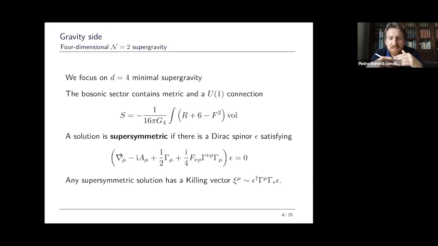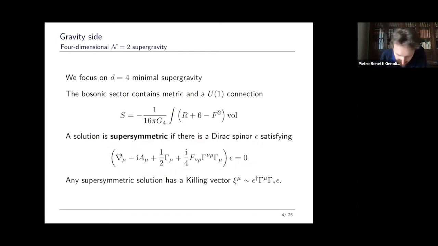So this is literally the, okay, it's not the simplest. The simplest would be just Einstein, but this is the next to simplest theory that you can find in a textbook in GR. So a solution of this theory is supersymmetric if there exists a spinor on the spacetime, a Dirac spinor epsilon that satisfies this generalized Killing spinor equation.